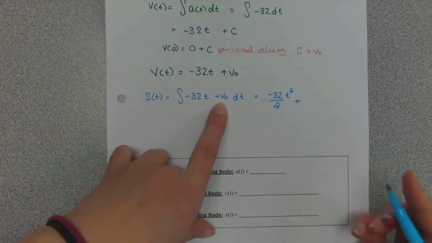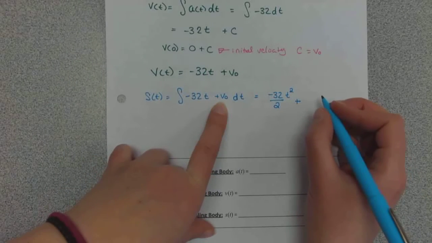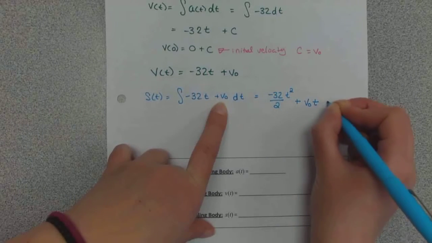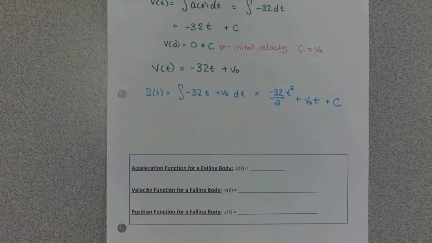Then plus what? The integral of v naught is v naught t plus a new c, right?